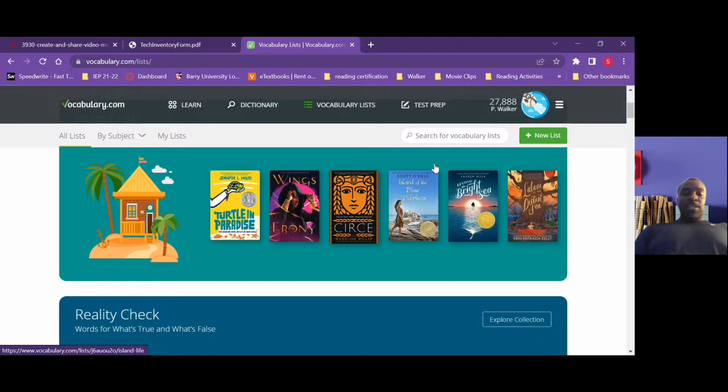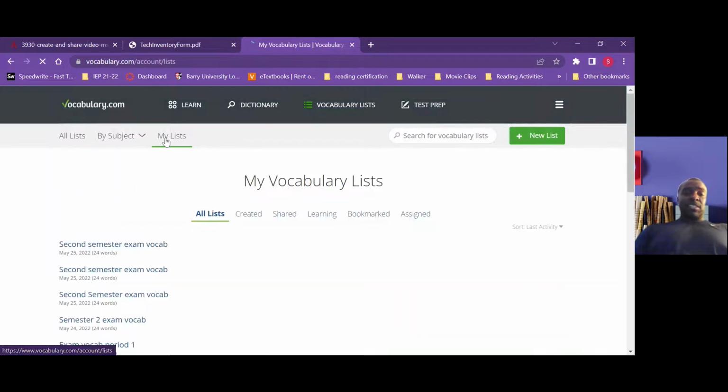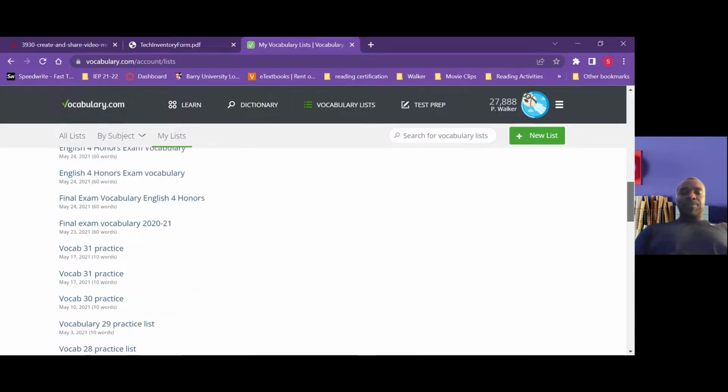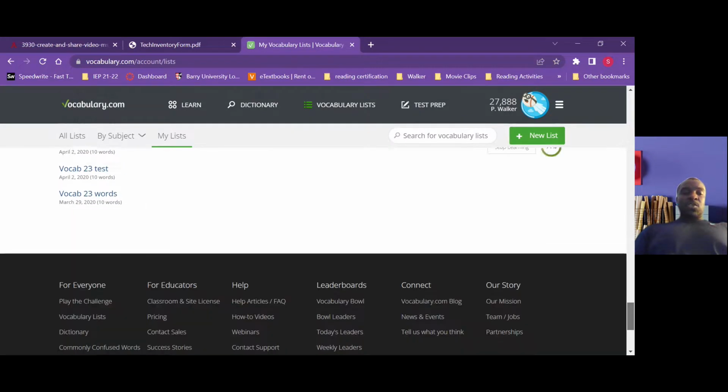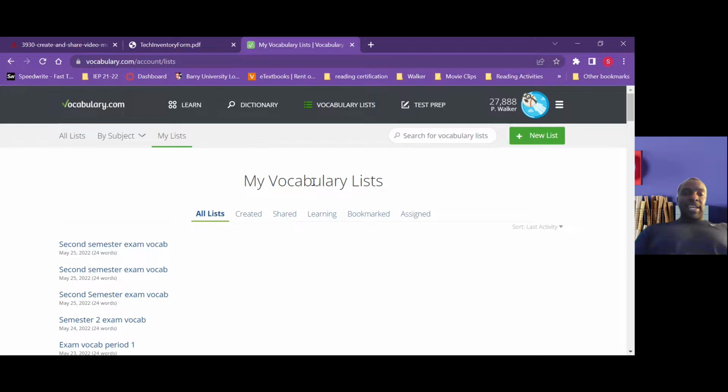So right here, you can see they actually have books. Now I have a set of lists that I use, and it keeps them in the computer, which is really cool. It actually keeps it all under your name. So it really works on that part.